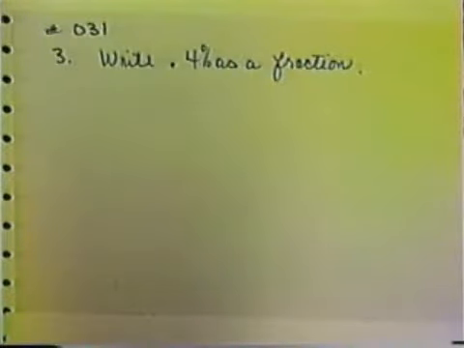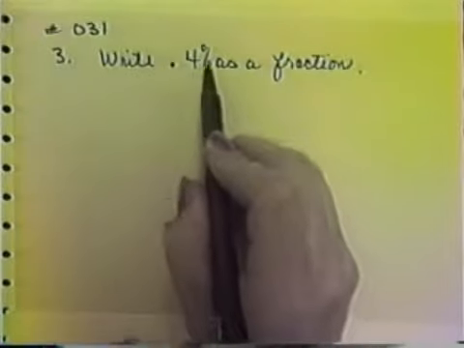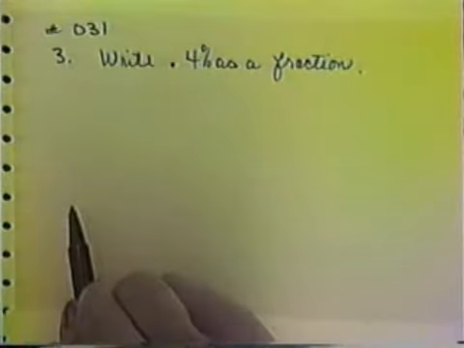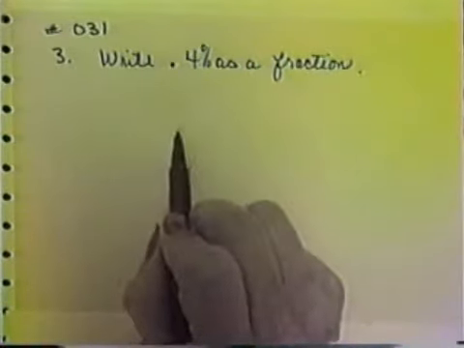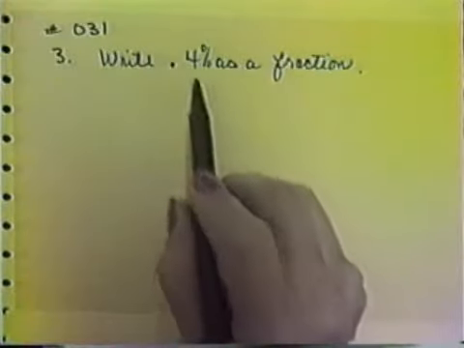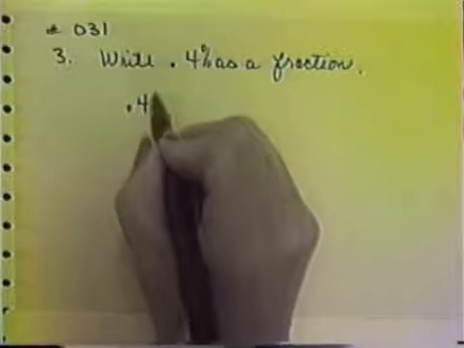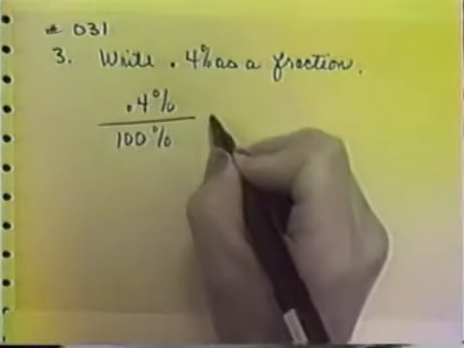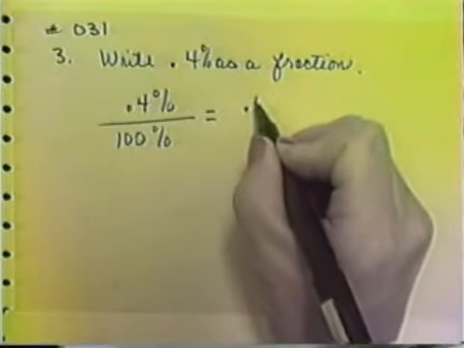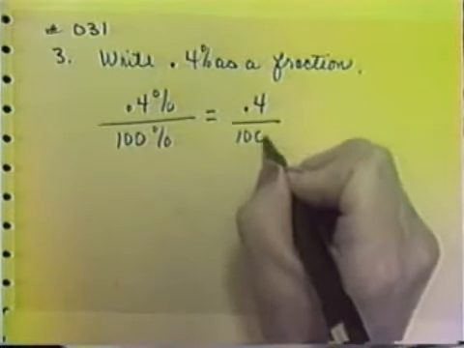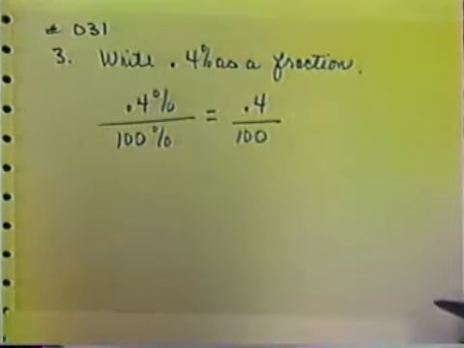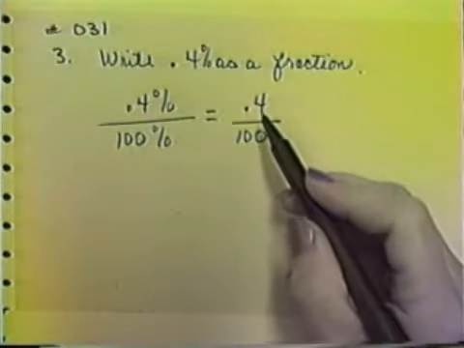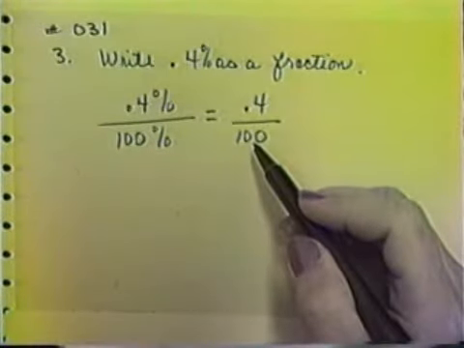Our third example is we want to write 0.4% as a fraction. Now remember, to change a percent to a fraction, we take the percent and divide by 100%. And that leaves us 0.4 over 100. But that's not a fraction. In order to be a fraction, we have to have a whole number over a whole number.